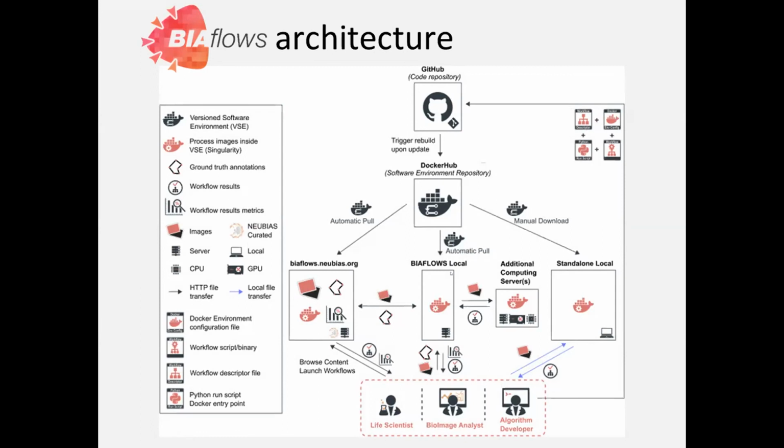Also, importantly, the Docker images can be run on a cluster or some additional computing server, so they don't have to run exactly on the same machine that is running BIAFLOWS. So the architecture is flexible in this respect. I mean, it's possible to configure it differently. And then finally, and I think this is the usage case that Romain was describing to Conrad, you can also run a Docker image completely independently of BIAFLOWS.